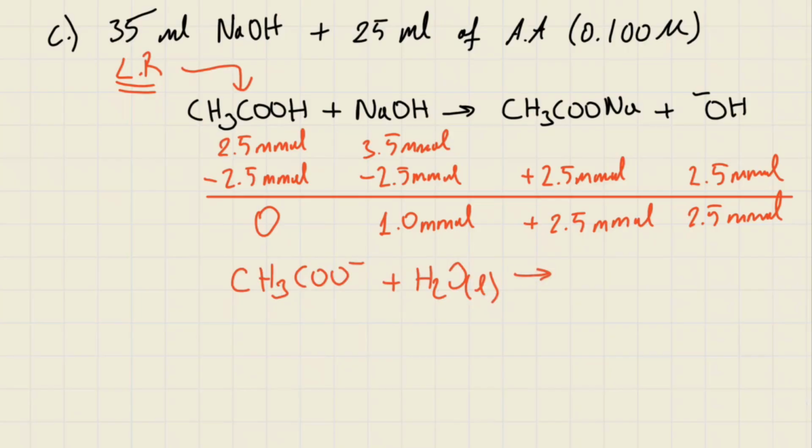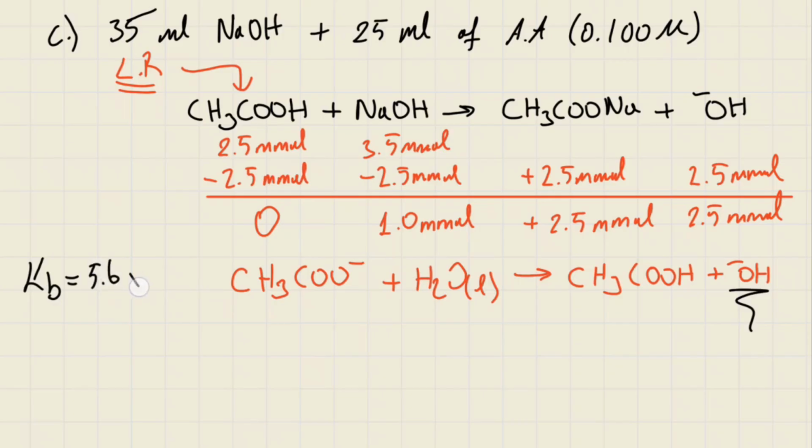So we will create acetic acid and OH minus. We can consider this reaction, but again we have to use the Kb value, not the Ka value, since we created the OH here. So Kb was 5.6 times 10 to the minus 10.